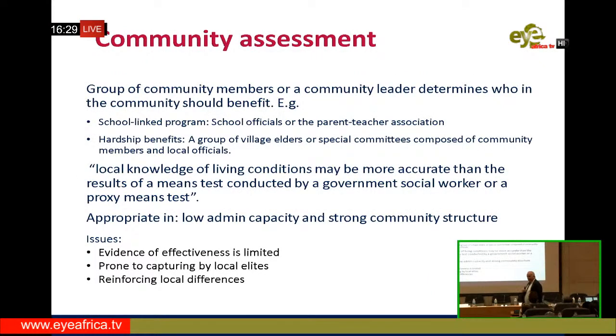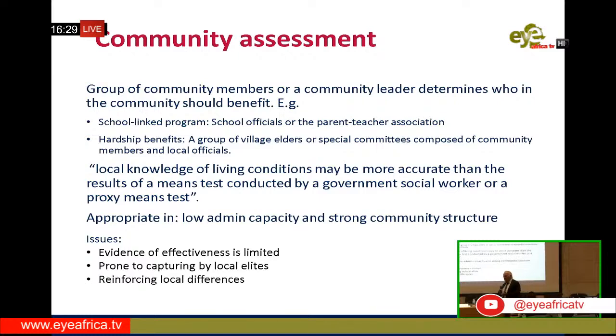There is another option. We can go to the communities, and especially in rural societies like yours, where half of the population lives in rural societies, you can go to the communities, because these communities are not large. I myself, my children grew up in a village of 500 people. Everybody knows everybody. Everybody knows more or less how wealthy or not wealthy people are.